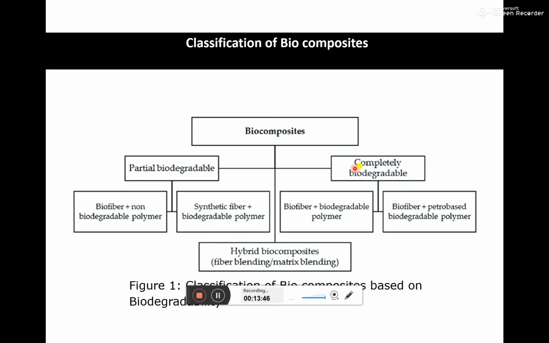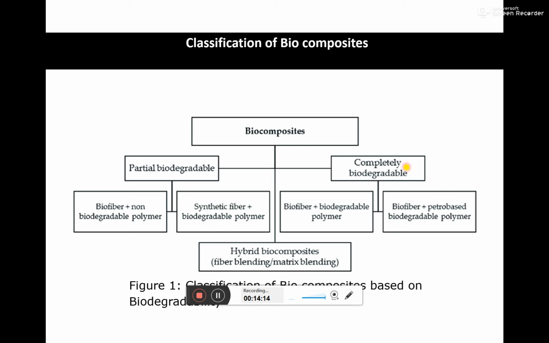So completely biodegradable means you have to use both matrix and reinforcement materials as biodegradable materials only. You don't have to use synthetic fibers or any synthetic matrix material. Such things come under the completely biodegradable materials.